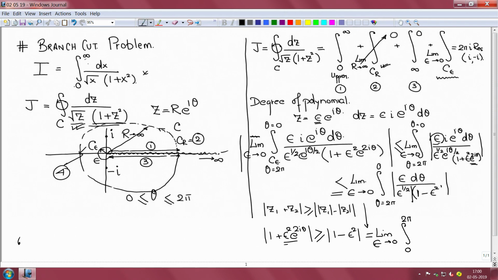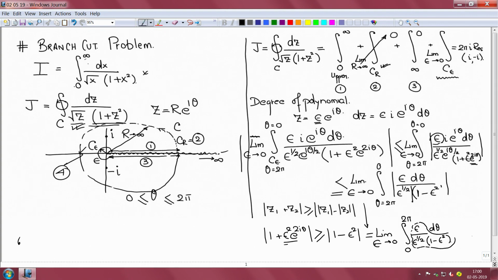This modulus we have up here is a positive value, so we have to switch the integral limits. So, I get epsilon by epsilon to the power half into 1 minus epsilon square into d theta. This quantity can be pulled out because it is not a function of theta, okay.